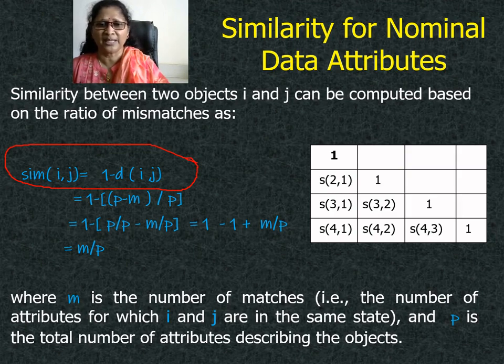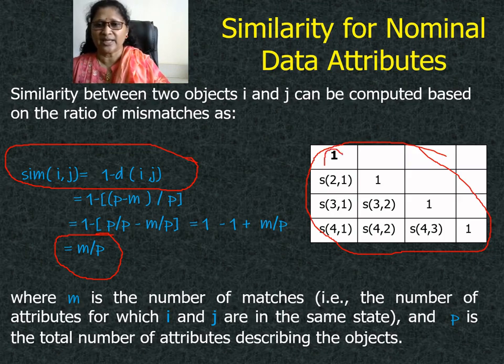So if we place the formula, we get 1 minus the distance between i and j, which was (p minus m) by p. If we substitute the values, we get that similarity between any two objects i and j can be computed as the number of matches divided by the total number of features. Instead of d, we now represent it using s.